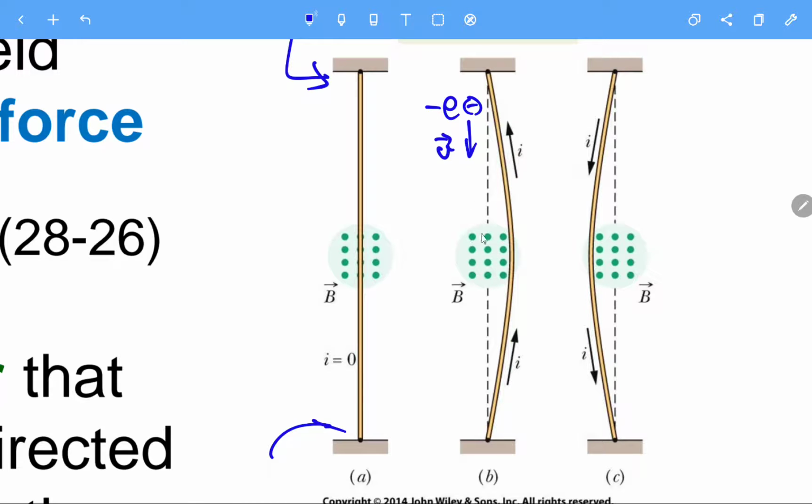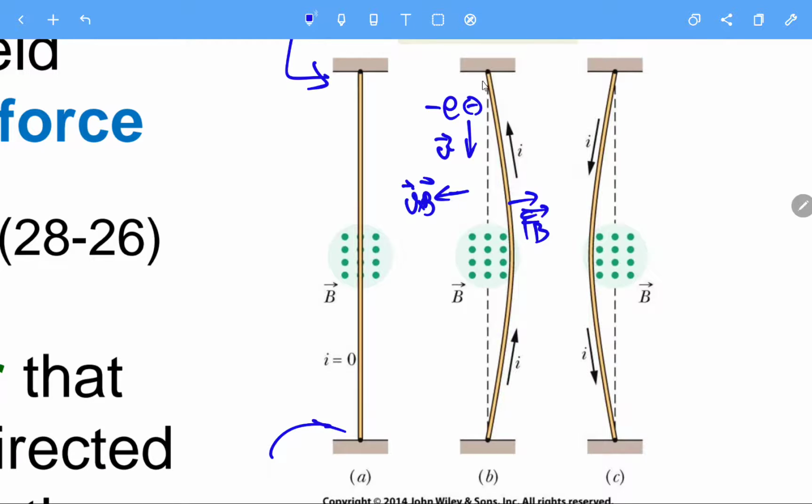And B is pointing out of the page, so you can use the right hand rule to determine that V cross B should be pointing to the left. And this is a negative charge, so there will be a force acting to the right side. So FB is pointing to the right side.